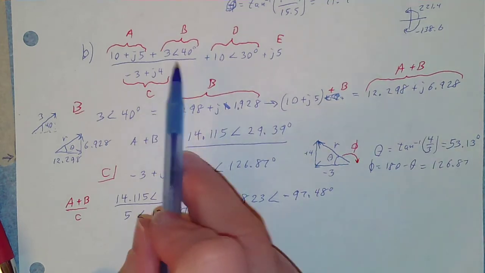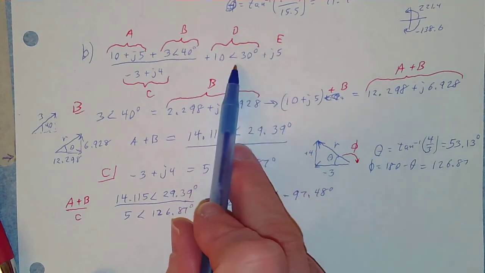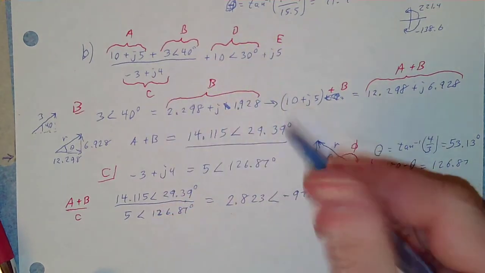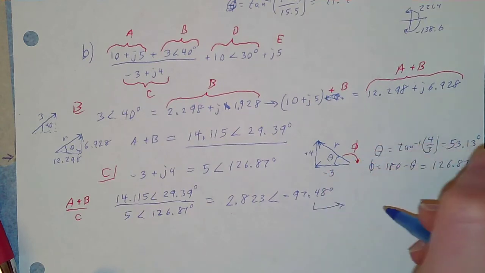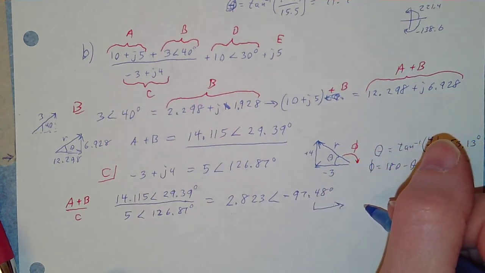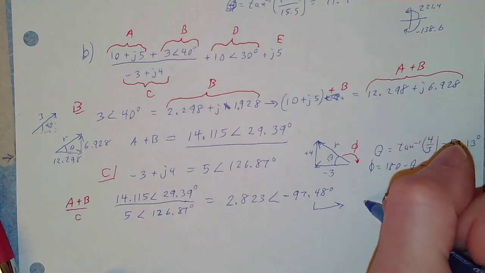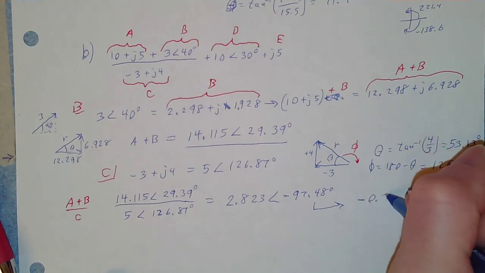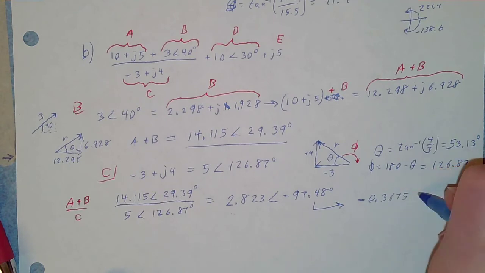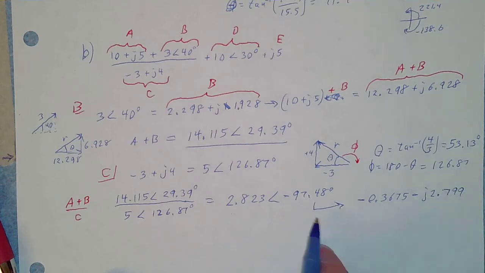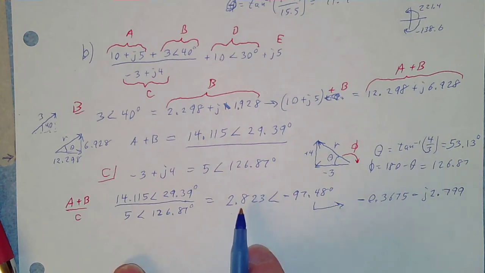All right, now what do we got to do? We got to add this to all this stuff. It probably makes sense again to go into rectangular. So this is going to convert into minus 0.3675 minus J2.799. All this is just a vector with length 2.823 at minus 97.48 degrees.